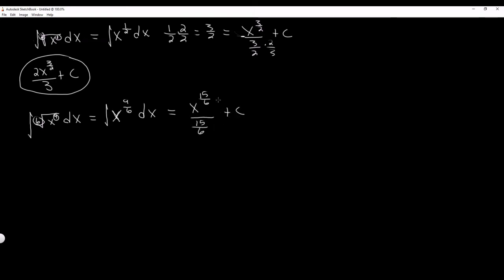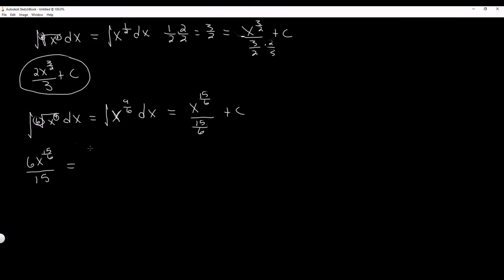c. But we need to simplify it like last time. We're going to multiply by the reciprocal of 15 over 6, which is 6 over 15. So that's going to leave us with 6x to the 15 over 6 divided by 15. And then we can simplify 6 over 15 and the power of 15 over 6 by dividing by 3 over 3 here.